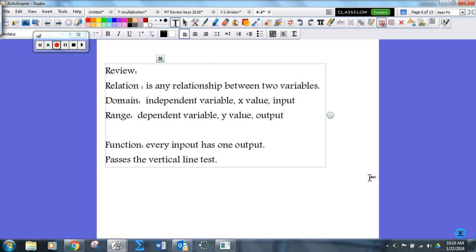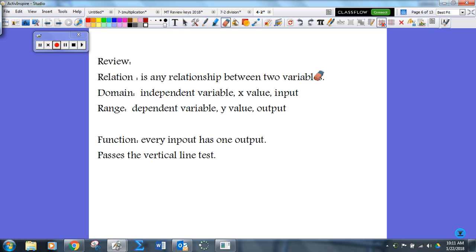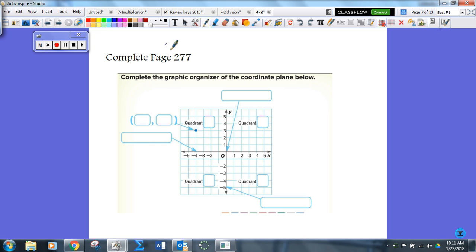Range is the dependent, the y value, or the output. A function: every input has one and exactly one output. Complete page 277. So you're filling this out. Please pause the video while you do that.